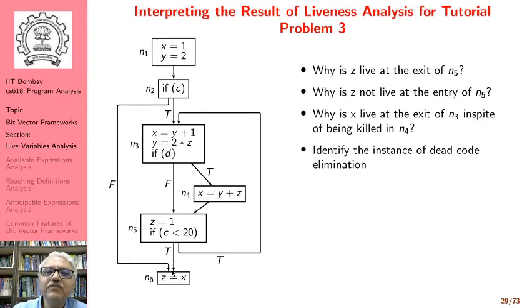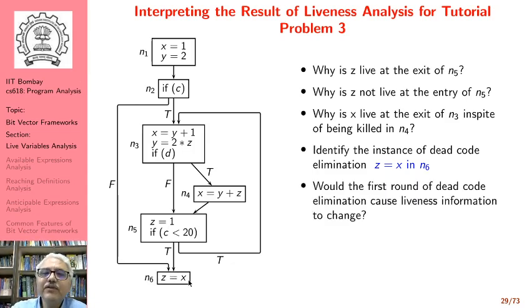Identify the instance of dead code elimination. The answer here is Z is equal to X in N6, and it's easy to imagine that nothing is live at the exit of N6, therefore this assignment is dead. Would the first round of dead code elimination cause liveness information to change? The answer is yes, because now X will not be live.